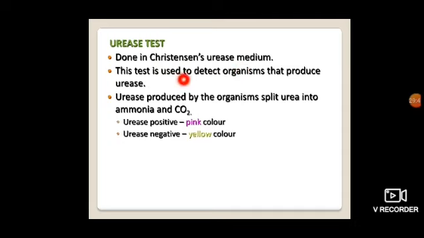This is the test used to detect organisms that produce urease. Urease produced by the organism splits urea into ammonia and CO2, so formation of ammonia and CO2 shows the presence of urease. If urease is positive, it shows pink color, and if urease is negative, it shows yellow coloration.